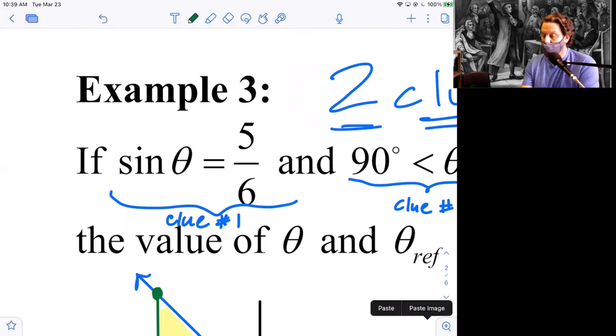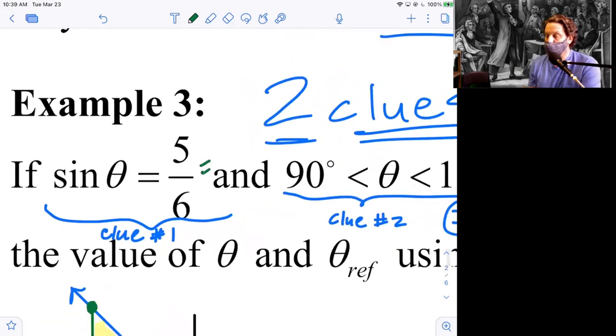So let's remember which sides were given. What is the definition of sine of theta in terms of x, y, and r? It's y over r. Sine is y, height. Got it? So sine is y over r.